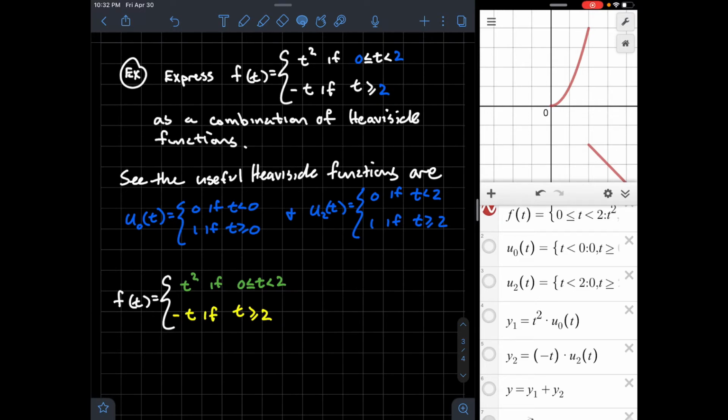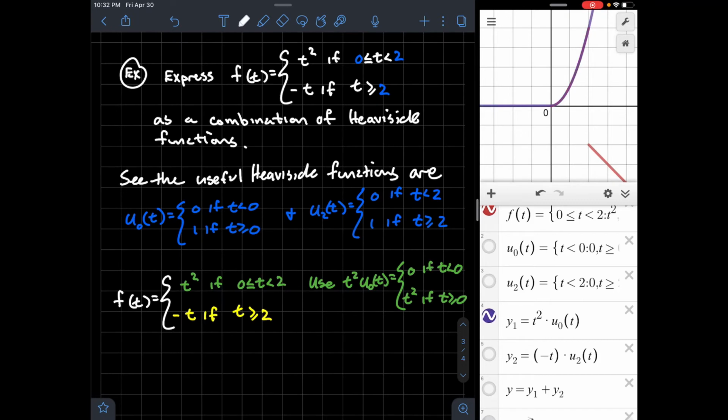To model the green, let's take u0 and multiply it by t squared, since I want a t squared if t is to the right of 0. So we use t squared times u0. Just to show you, when I add that graph on there, it picks up the red parabola. The purple is t squared times u0.